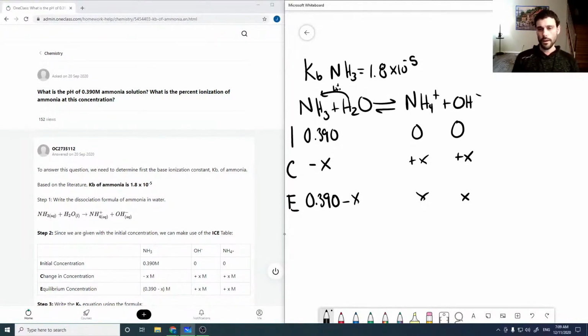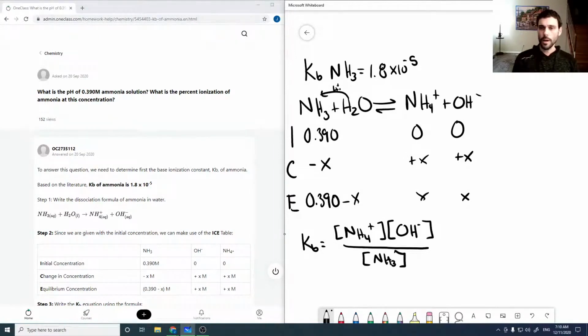So we can write our equilibrium expression as our products over our reactant, remembering that pure substances like water are not included. And so this is just x, x, and 0.390 minus x.